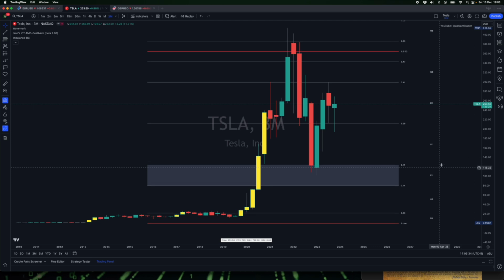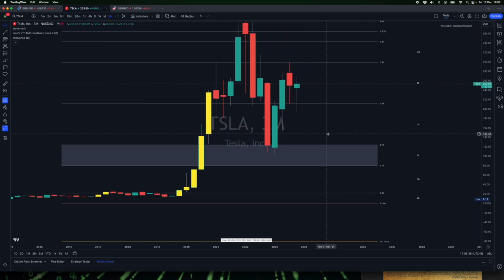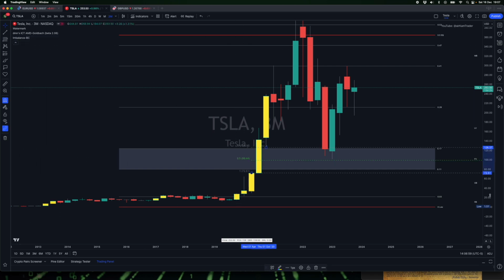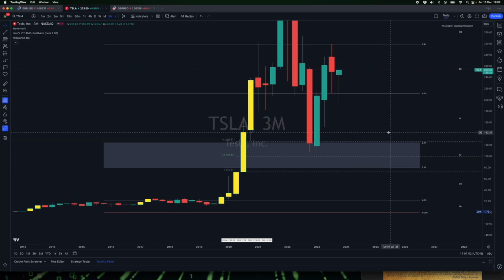Now, what has Michael taught you? Michael has taught you that there's a concept called consequent encroachment. Right, so consequent encroachment of this fair value gap would be, there you go. So he says, typically, price will want to penetrate up to the consequent encroachment of a fair value gap or the mean threshold of an order block.